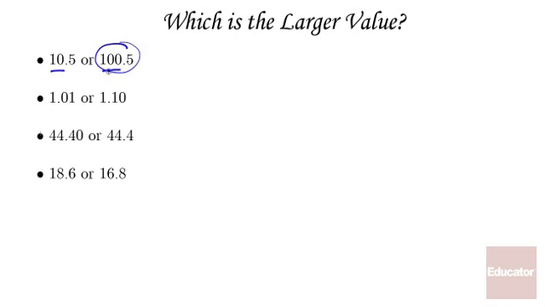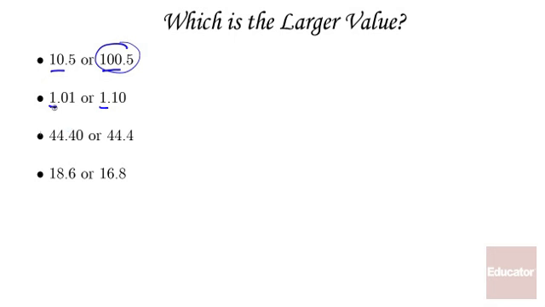Now the next one, 1.01 or 1.10, here our whole number is 1 and here the whole number is 1. In this case, since we have the same whole number, we have to look at the values after the decimal place.